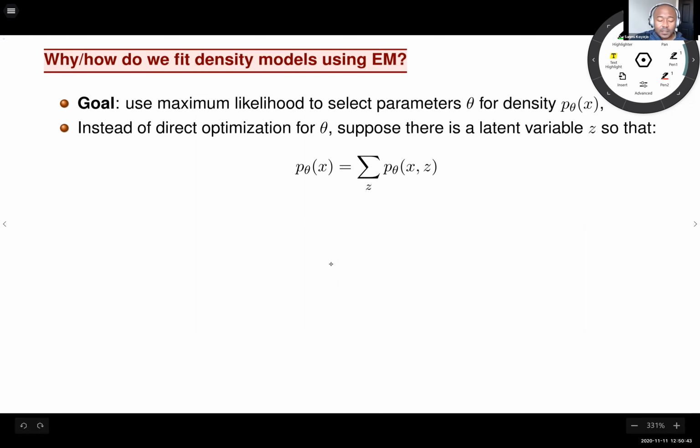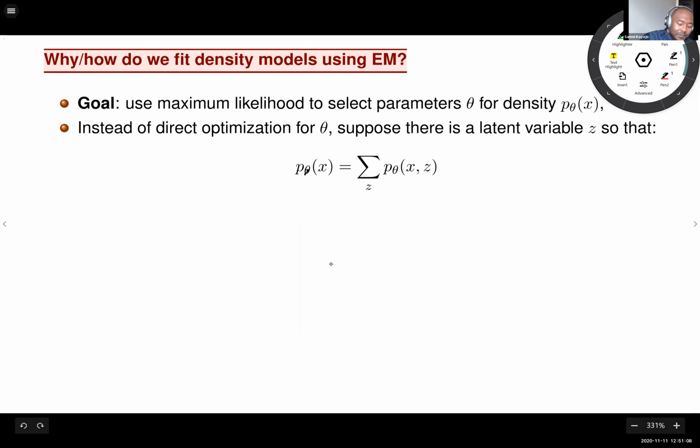Just like we covered when we were doing clustering models and hidden Markov models, we assume that there is some hidden variable. Again, this hidden variable is the latent degrees of freedom. And we're looking to estimate the parameters.